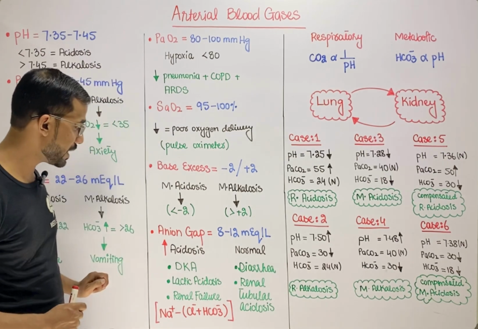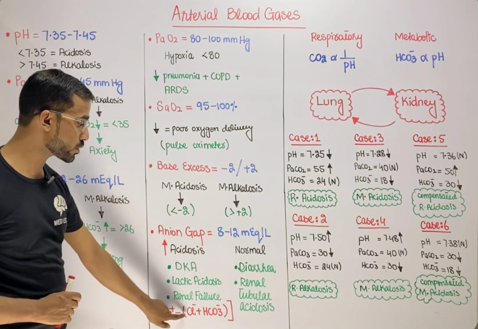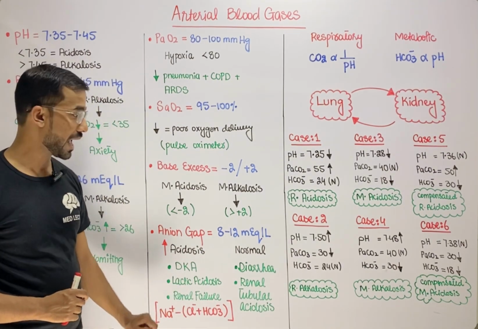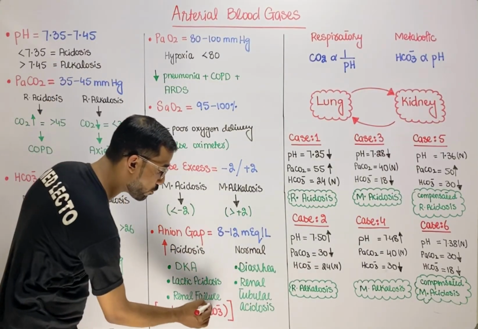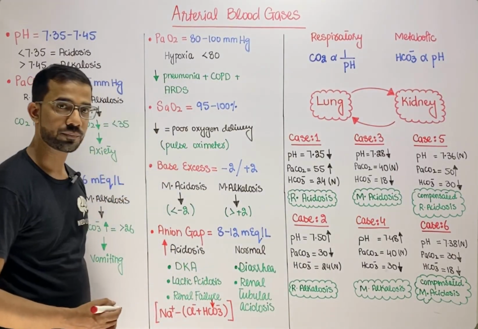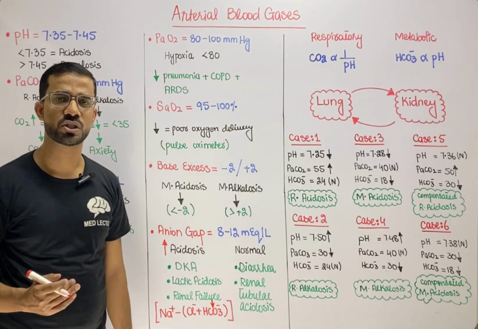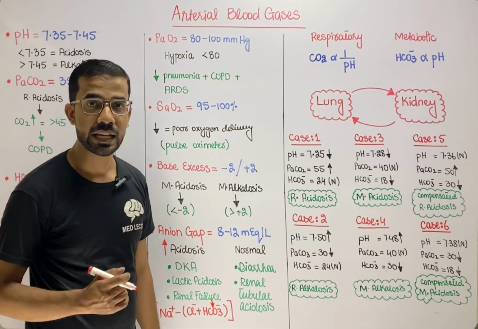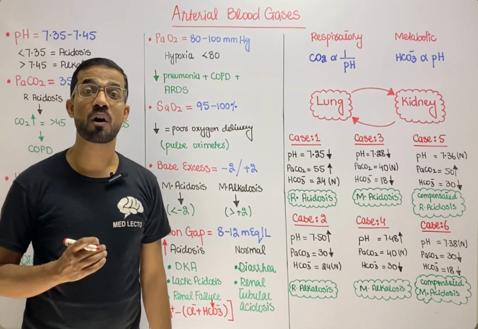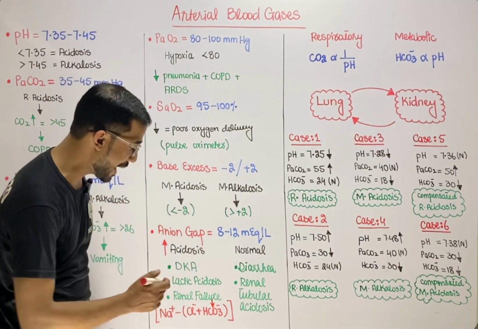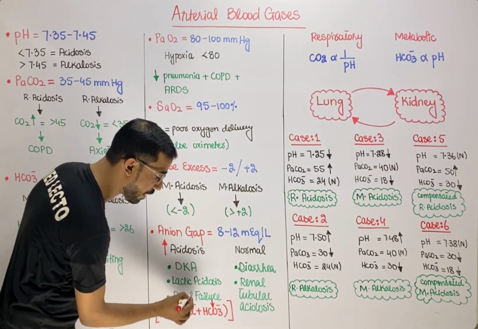Why? Because there is a formula: sodium minus chloride plus bicarbonate. In diarrhea and renal tubular acidosis, loss of bicarbonate starts increasing. It means that the bicarbonate concentration is decreasing in the blood. But our body will try to compensate for this loss by increasing the concentration of the chloride ion.